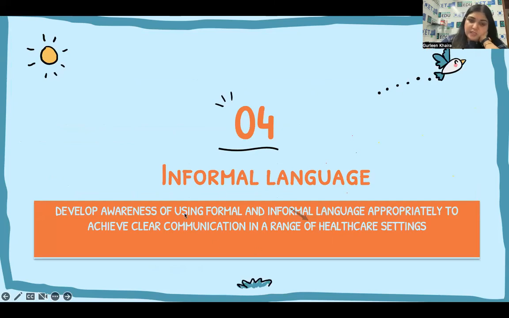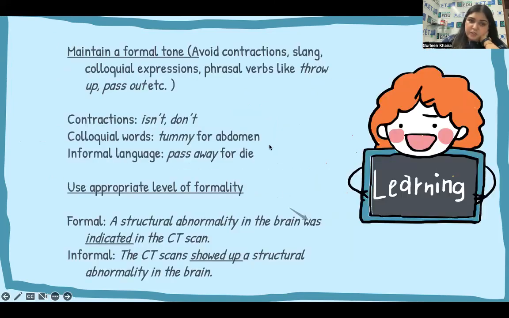Okay, then the fourth one is informality of language. First one is maintain a formal tone. This is something that you must do, which means avoid contractions. What are contractions? Shortened forms. So "is not" becomes "isn't." "Do not" becomes "don't." While this is okay in informal language, and when you're speaking, that's fine to use contractions then, but don't use it in formal writing.